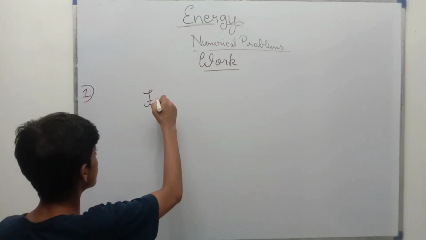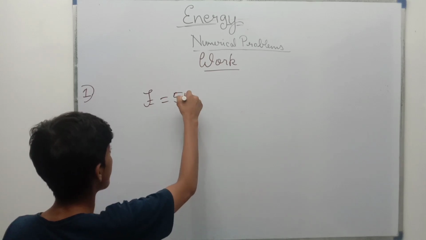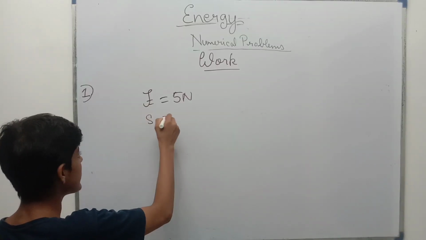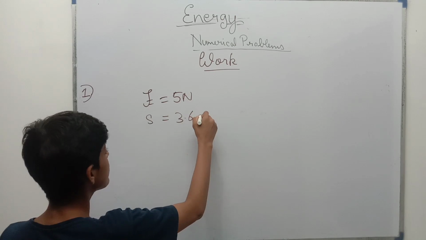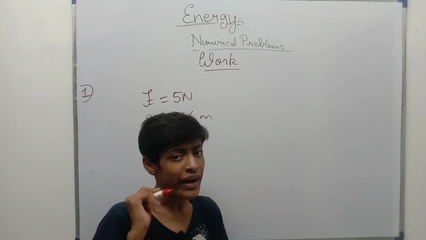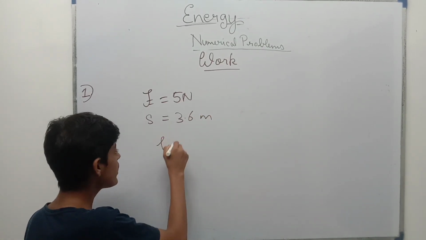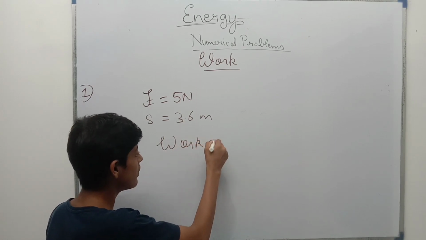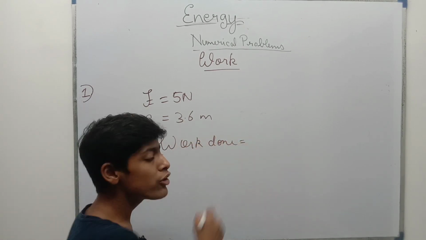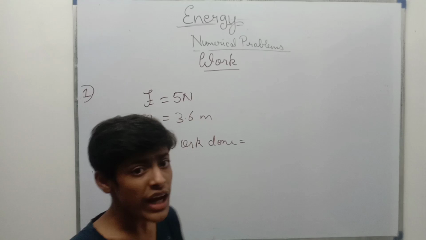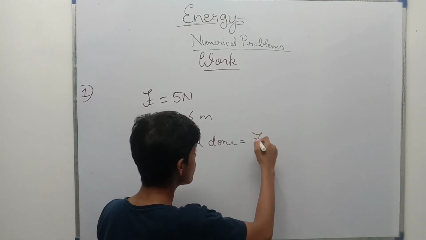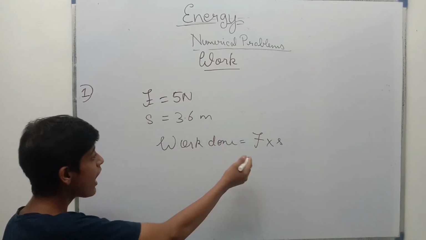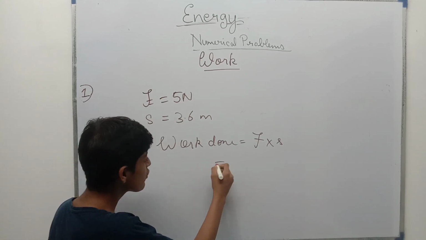Force is 5 Newton and displacement, which is S, is 3.6 meter. Now we will find the work done. So work done is equal to force into displacement, which I have discussed in the last video. So force into displacement. Now force is given as 5 Newton.